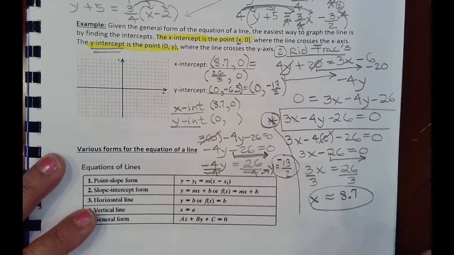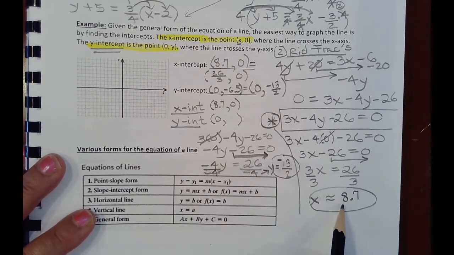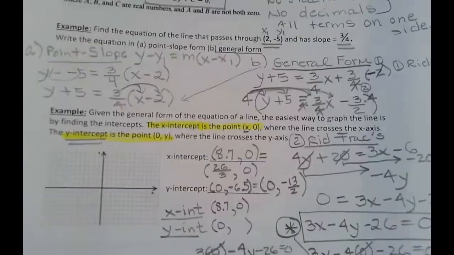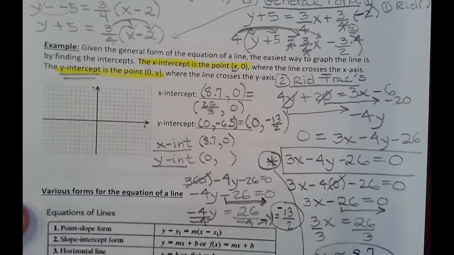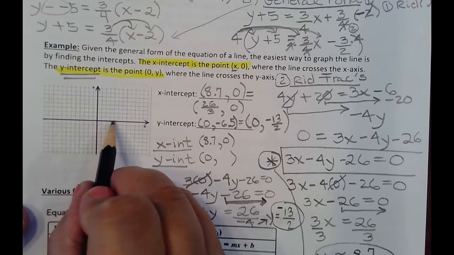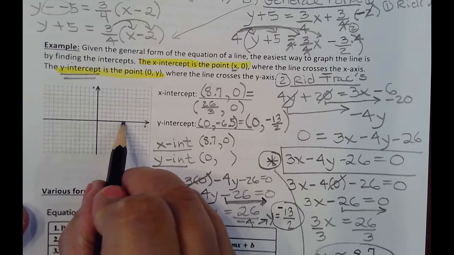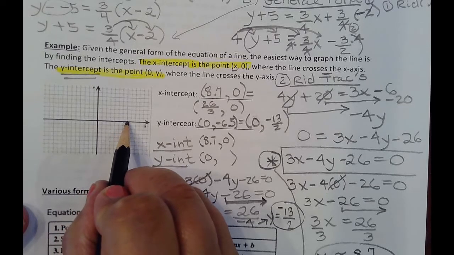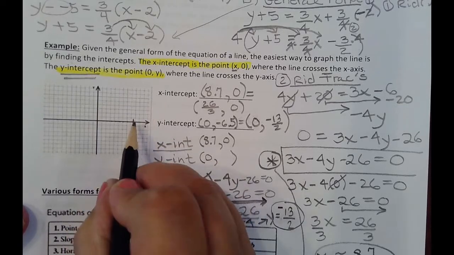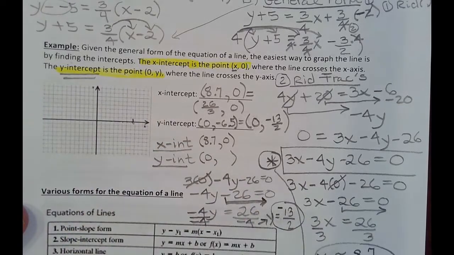All right, so let's go to x is equal to 8.7, which is a little bit hard to see. Okay, but this is going to be 1, 2, 3, 4, 5, 6, 7, 8, 9. So 8.7 is going to be about right there. Just do the best you can with marking that.